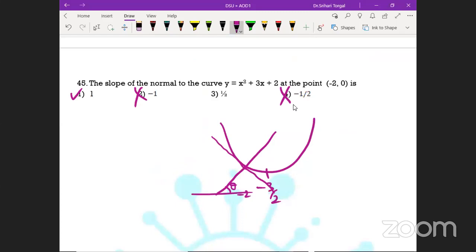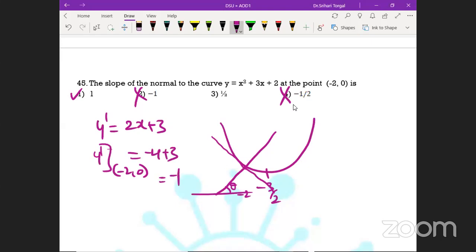If you are really interested in finding the slope, you just go for differentiation, that is y dash 2x plus 3. And if you put y dash at minus 2 comma 0, minus 4 plus 3, answer is negative 1. Y dash is minus 1 here.